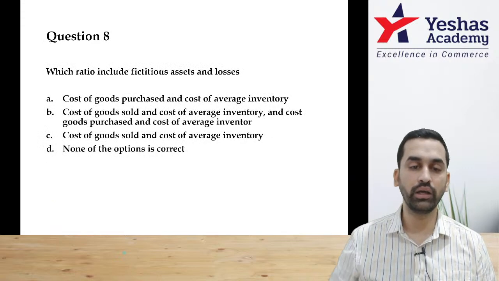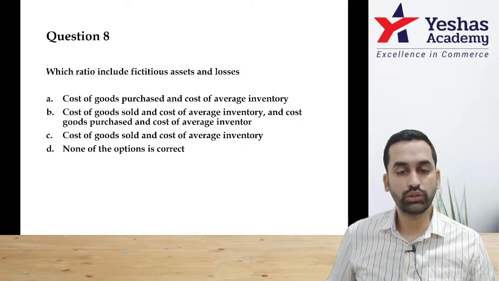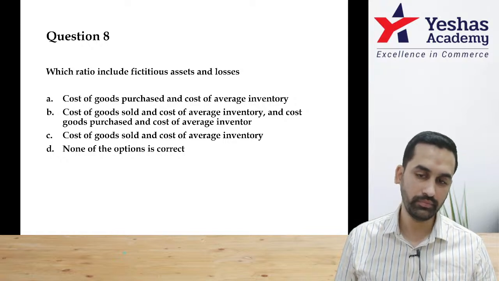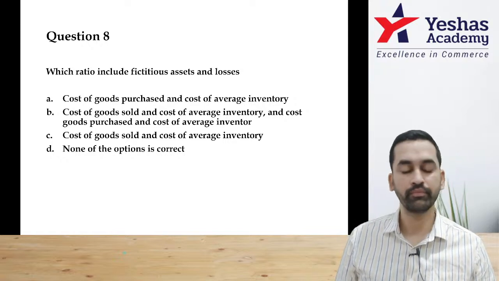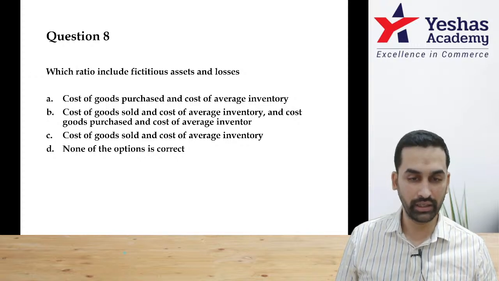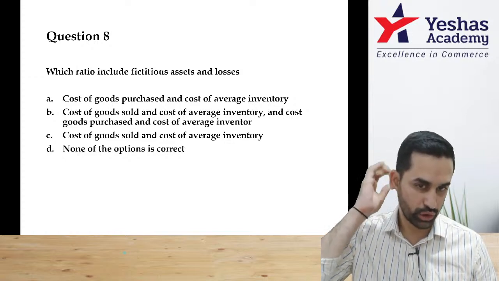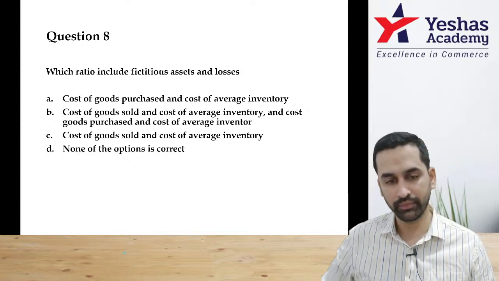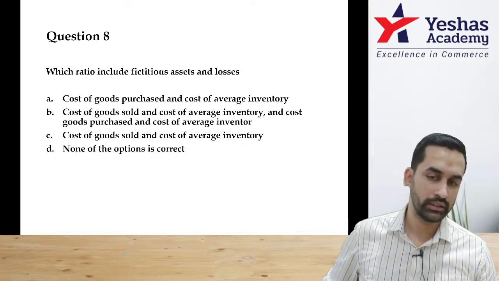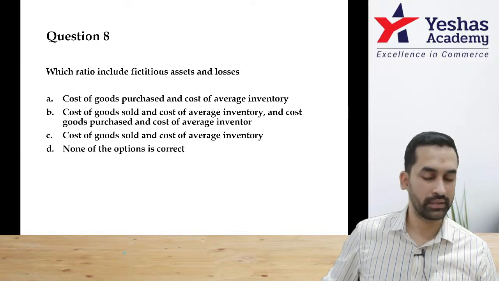Question number 8 now. Which ratio includes fictitious assets and losses? Read the options: cost of goods purchased and cost of average inventory; cost of goods sold and cost of average inventory; and none of the options is correct.